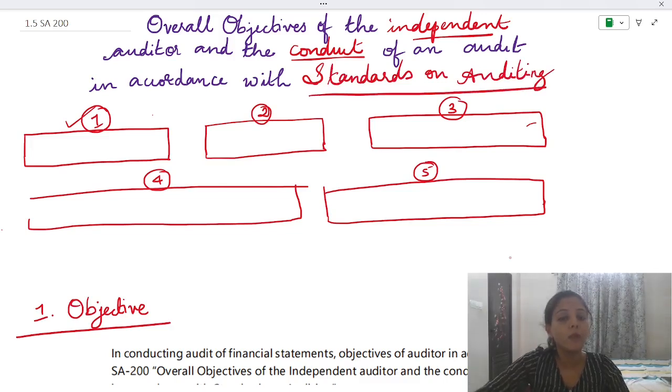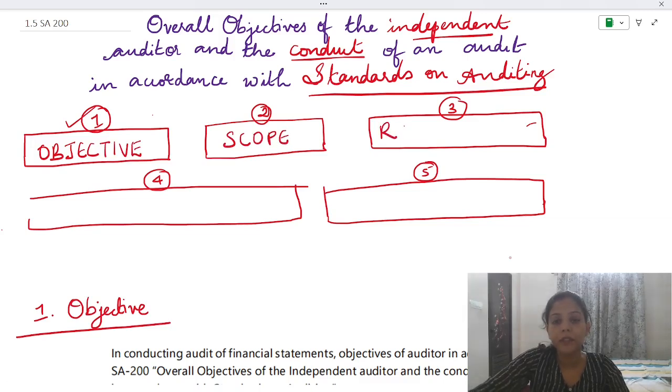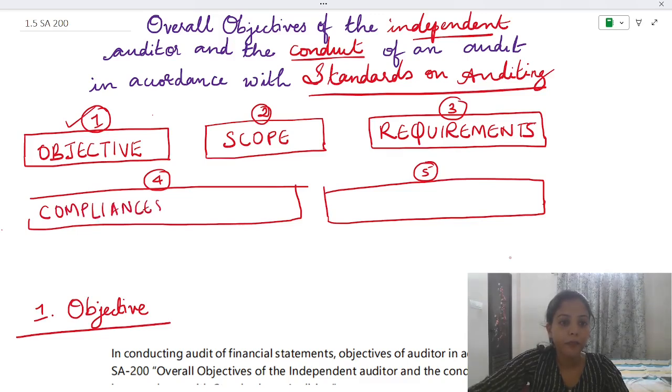As we have told earlier, most of the standards will have an aim or objective, which is what the auditors intend to achieve. So first the objective of the standard, then we will deal with scope, then requirements, then we will discuss compliances with SAs. Then we will talk about inherent limitations of audit.